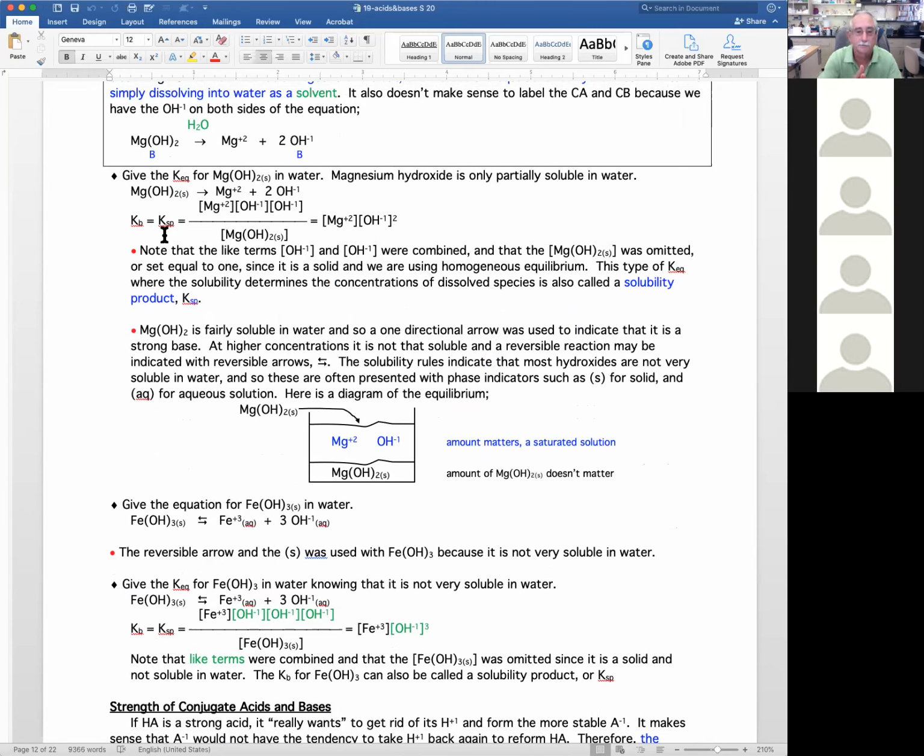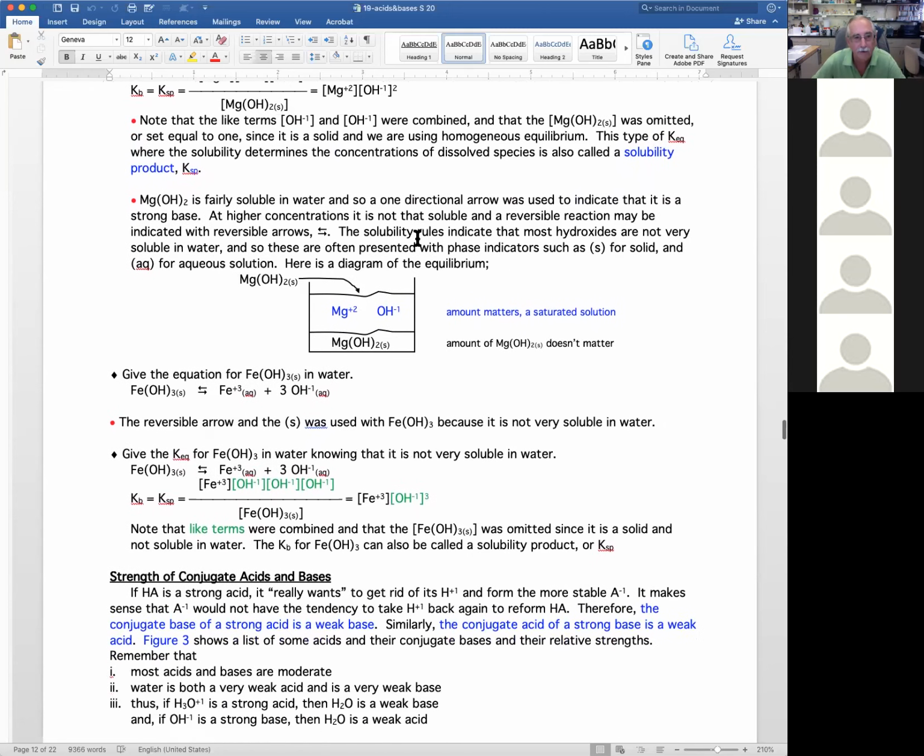In other words, if I made a solution by taking solid magnesium hydroxide, dissolving it as much as I could into water, I'm going to get this amount that's dissolved, and this amount would not be dissolved. But this amount, we leave it out because it could be a speck, it could be like a pound. So that's why it's called the solubility product. The anion and cation are multiplied.